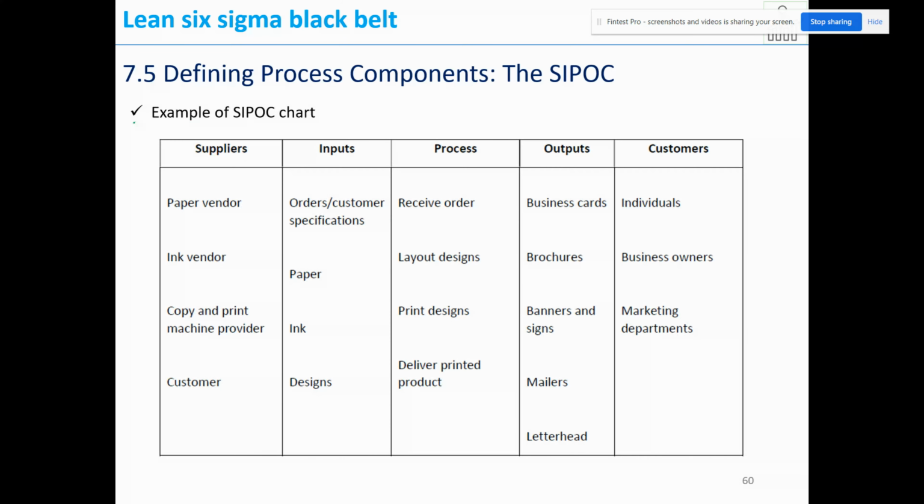Now let us see an example. Defining process component, the SIPOC. Example of SIPOC chart. The paper vendor is a supplier and he is giving an input of orders and customer specifications. By receiving these inputs, they receive the order.